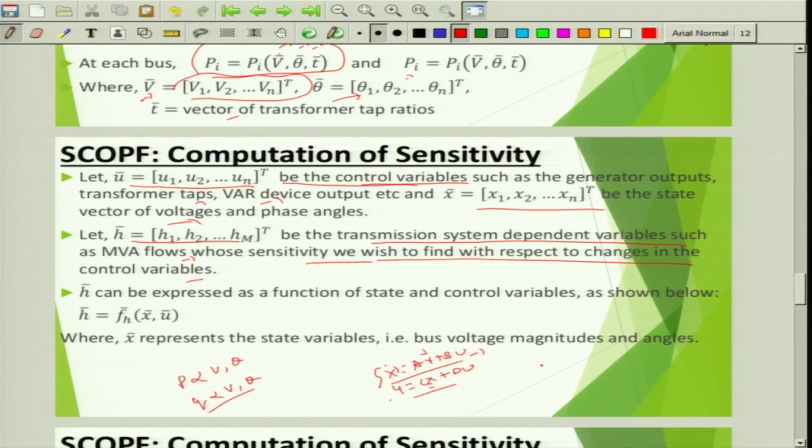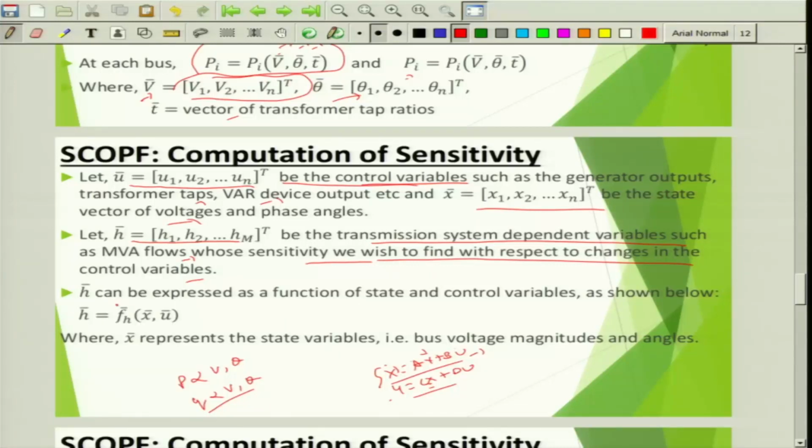So ultimately we are trying to figure out the dependency of these dependent variables, which are line flows and other things, upon the individual change in control variables. That is what in the beginning we defined as sensitivity factor: how the line flow changes when there is a change in power output at some specific generator. We are trying to find a mathematical representation of it.